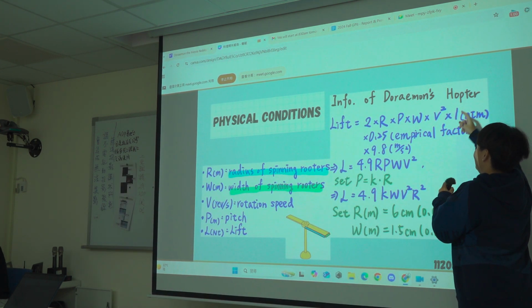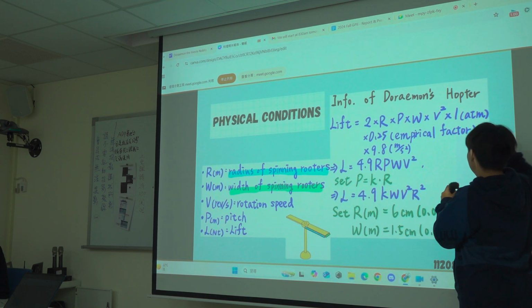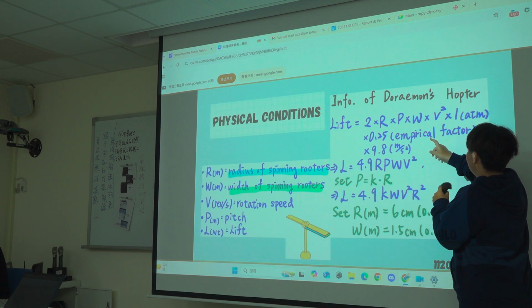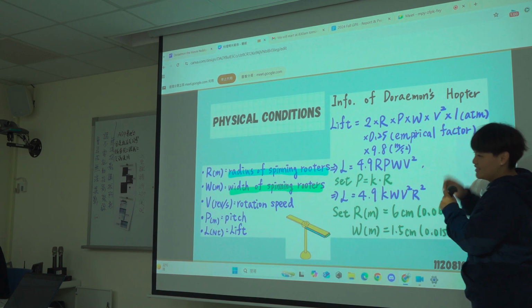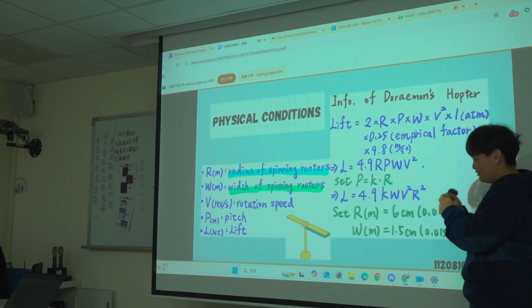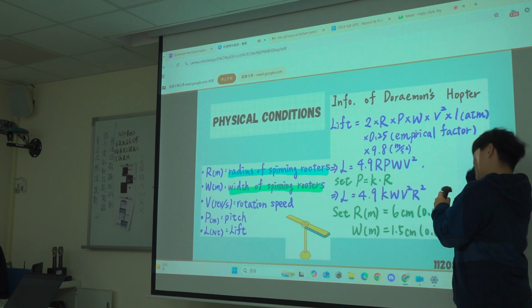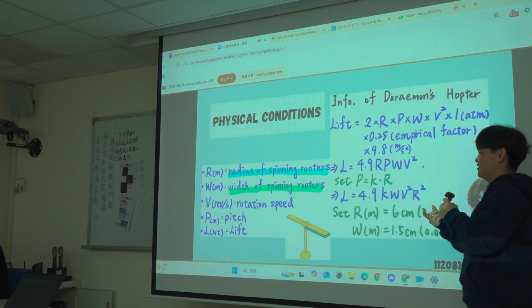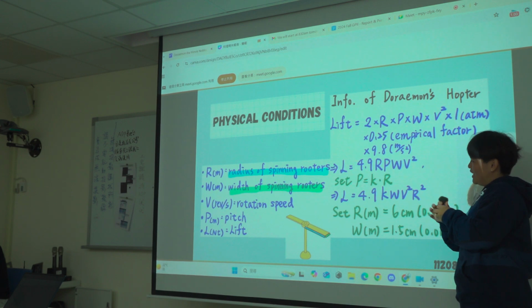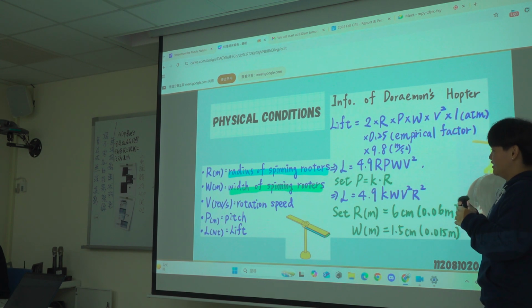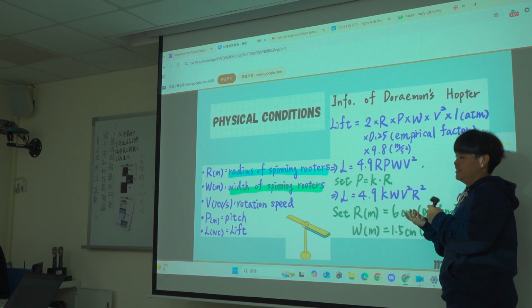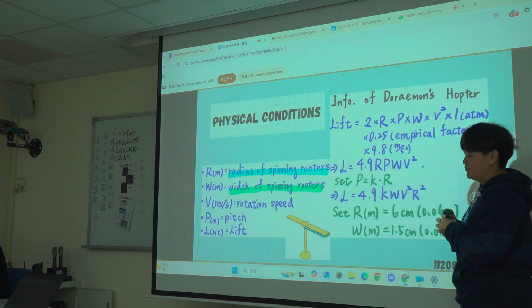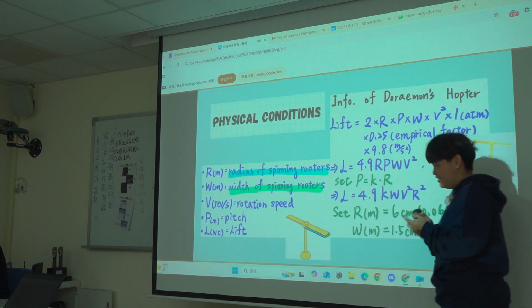I found the lift formula for this spin, and I also used an empirical factor. An empirical factor is a value supposed by observation of a phenomenon and not necessarily supported by theory.